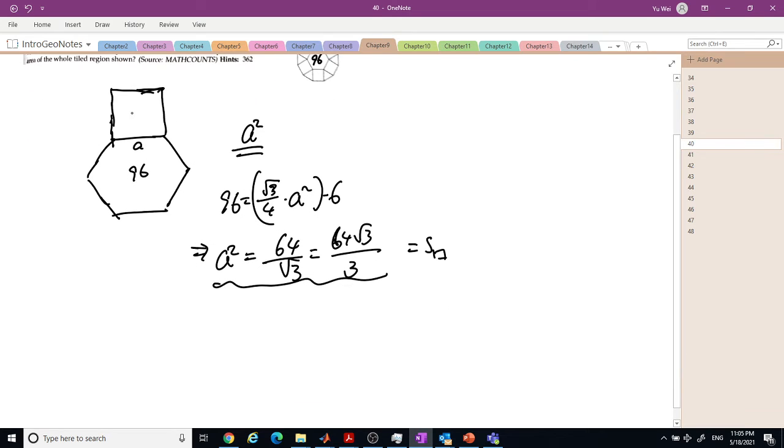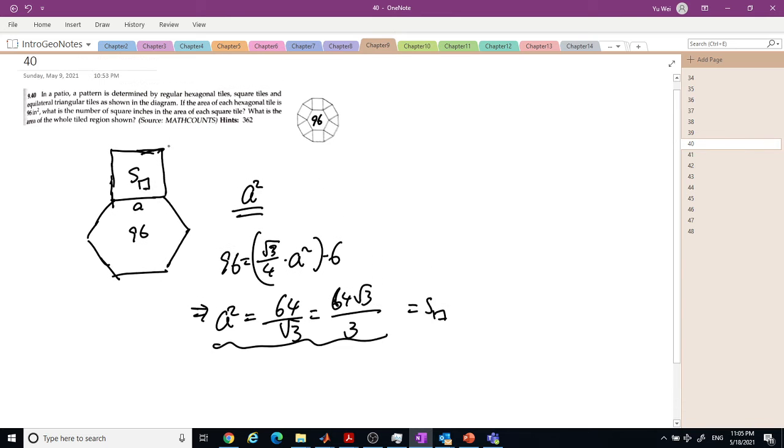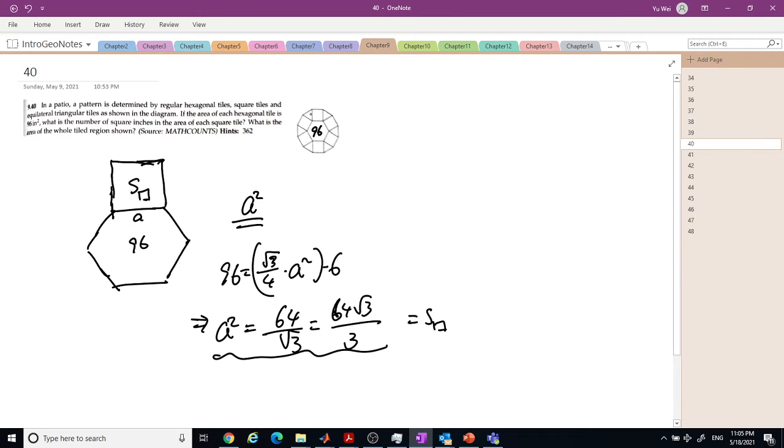We know the square area, and we can also see the equilateral triangles. How many? 1, 2, 3, 4, 5, 6. The 6 equilateral triangles can make another hexagon.